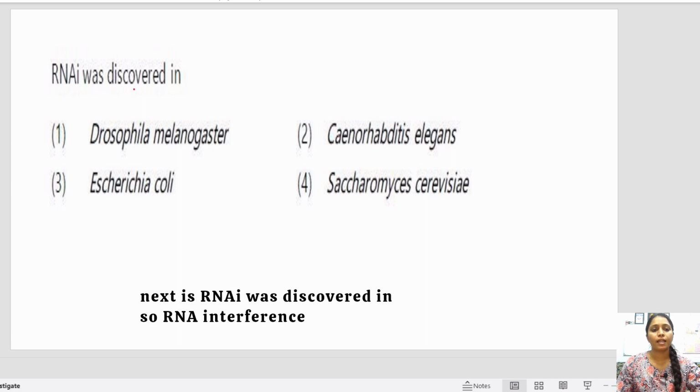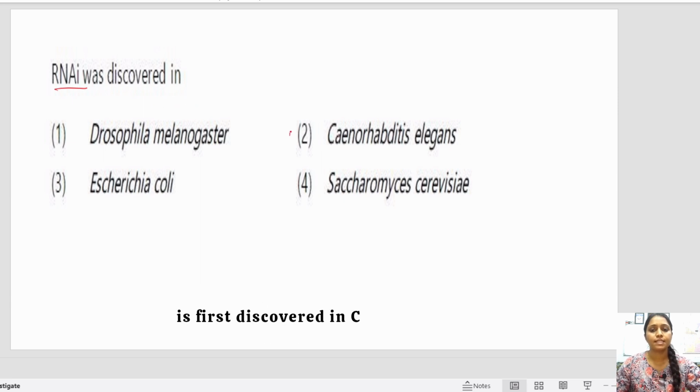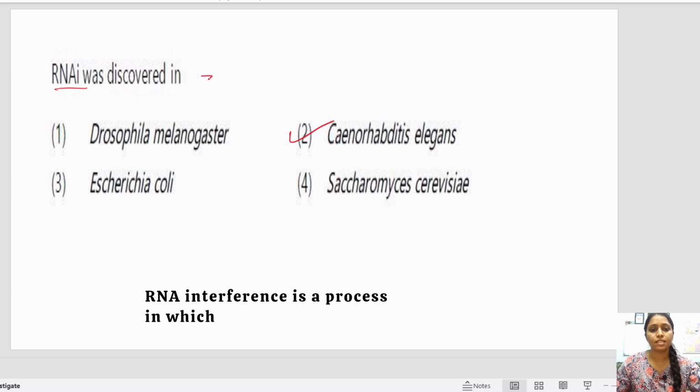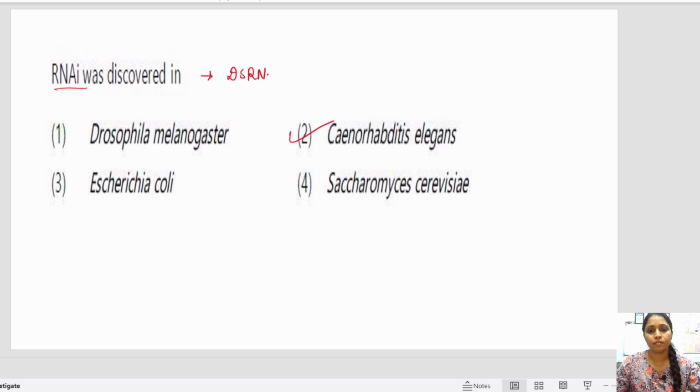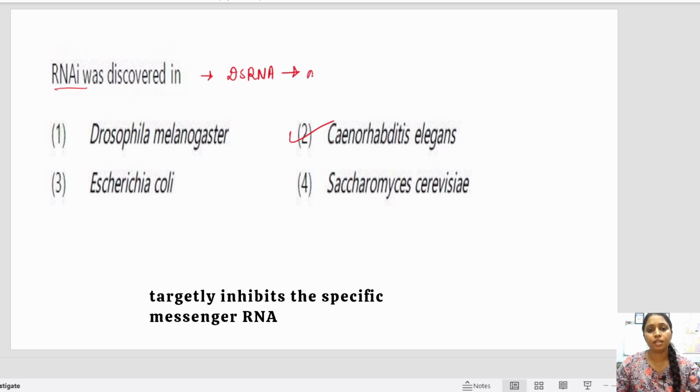Next is, RNA-I was discovered in. So RNA interference is first discovered in C. elegans. RNA interference is a process in which a double-stranded RNA targetly inhibits the specific messenger RNA.